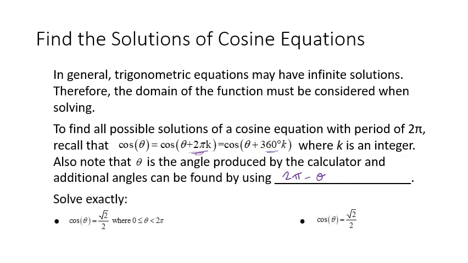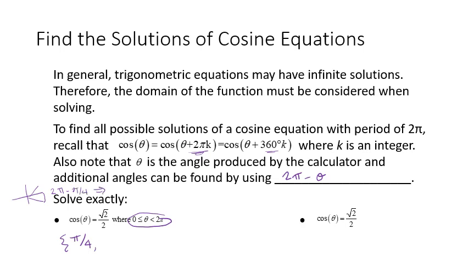For example, if we had to solve for theta where cosine of theta is root 2 over 2, and here we have an actual domain restriction, well, we know that cosine equals root 2 over 2 at pi over 4. And again, cosine is positive here and here, so it's going to also happen at 2 pi minus pi over 4.